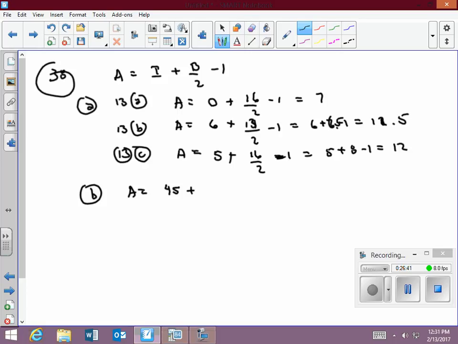And 30 on the border over 2 minus 1. So 59.